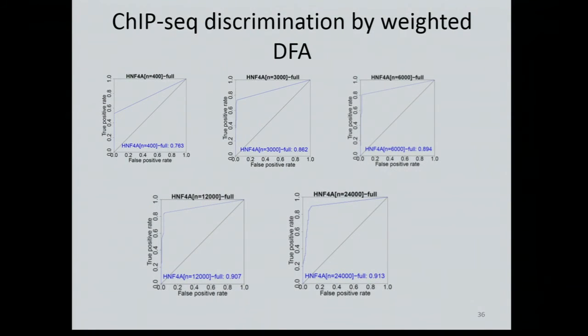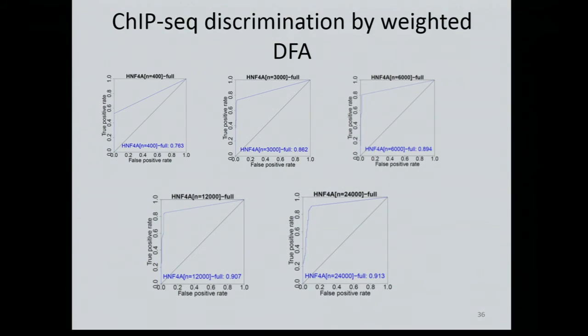But anyway, we did some discrimination exercise with this, and you see that as long as it can score the data in ChIP-seq, it really gives a very good ROC curve.